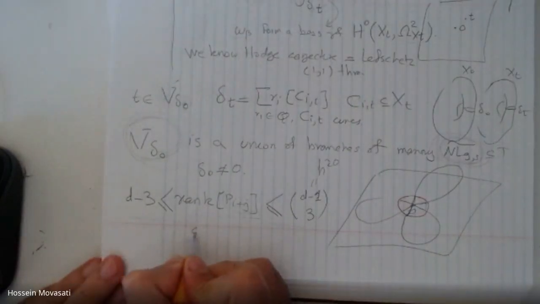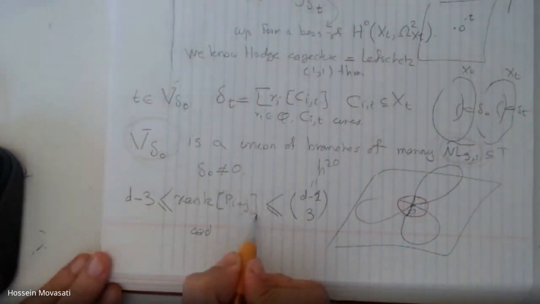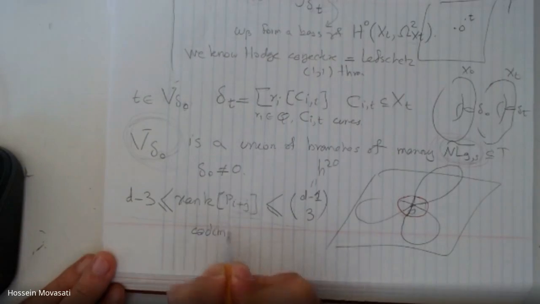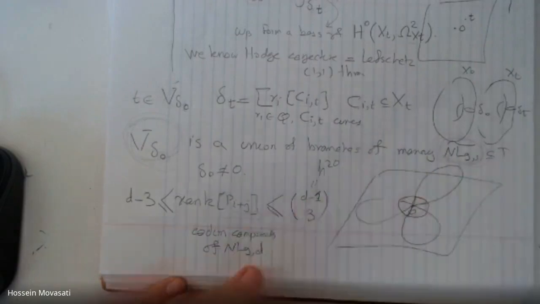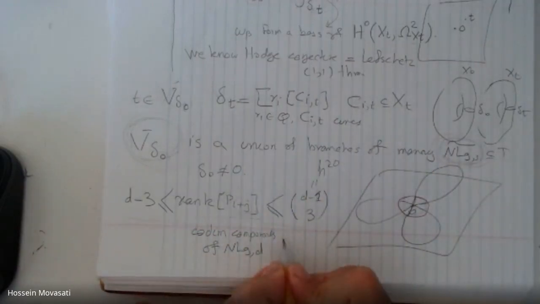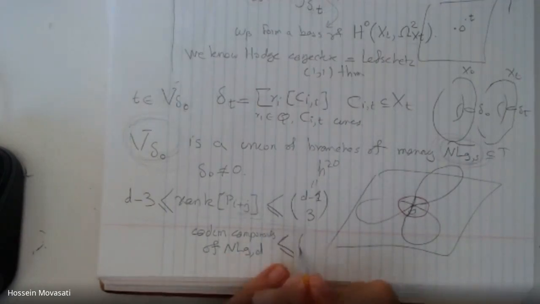In the same way, the codimension of the components of the Hodge locus, this is not clear from my Fermat variety point of view, but the codimension of the components is between d minus 3 and d minus 1, 3.